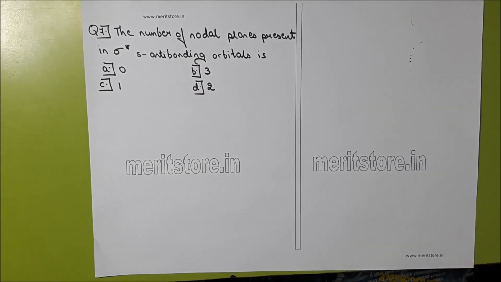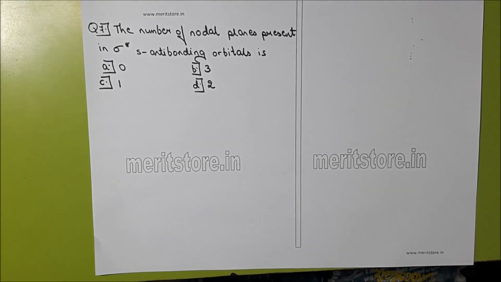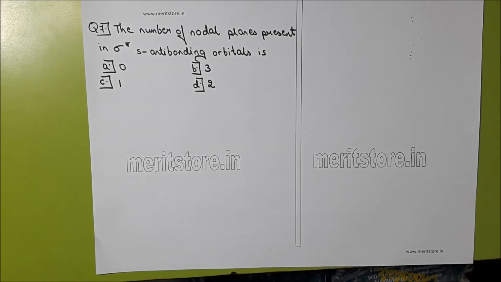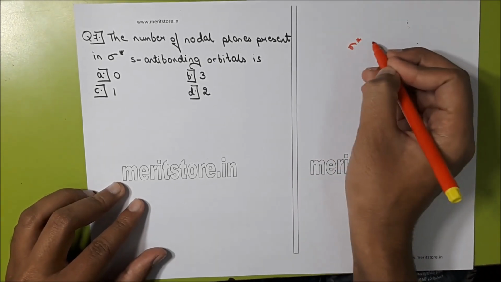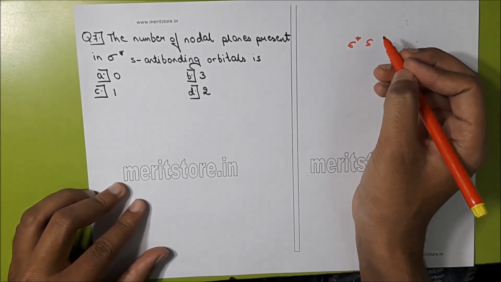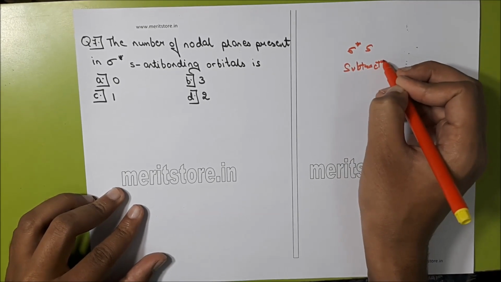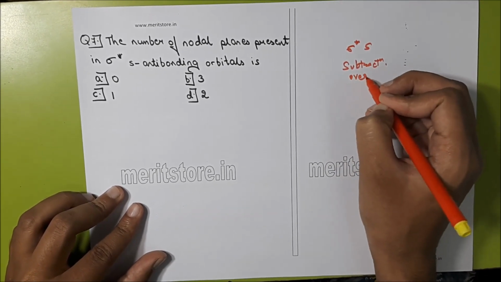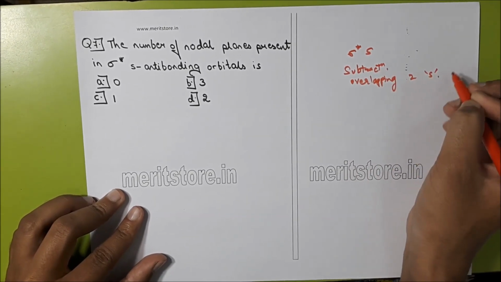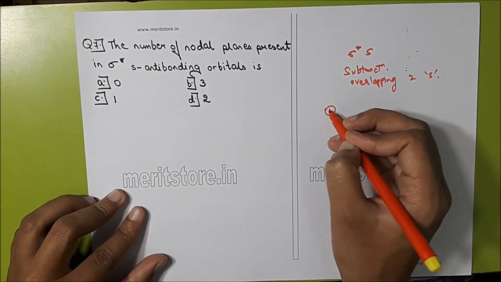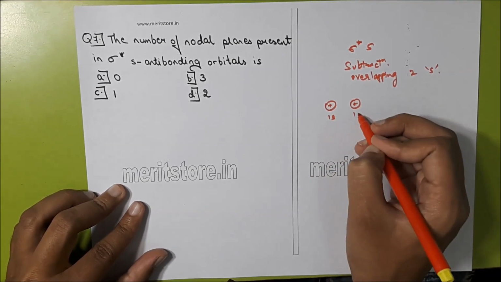Question number 7. The number of nodal planes present in sigma star 1s antibonding orbital is A 0, B 3, C 1 and D 2. Okay, the molecular orbital sigma star 1s is formed by subtraction of overlapping 1s orbitals. So this is 1s orbital and let this be the other 1s orbital.